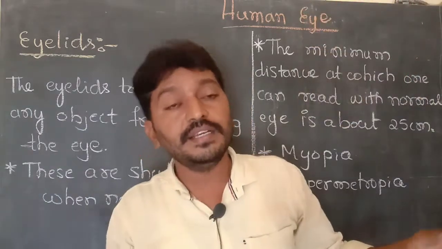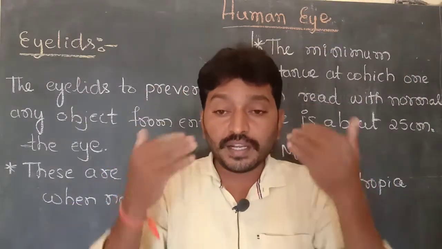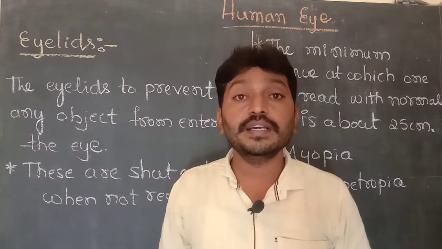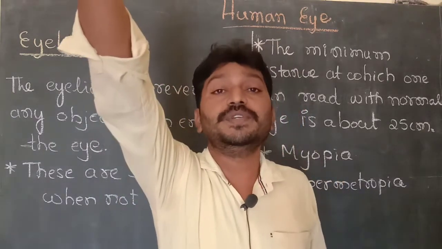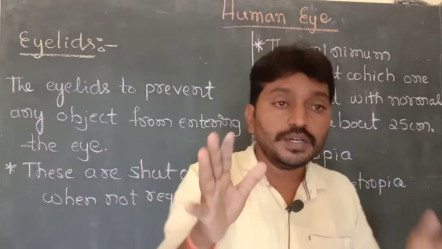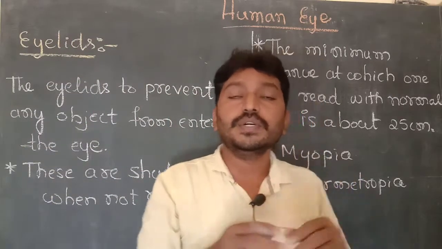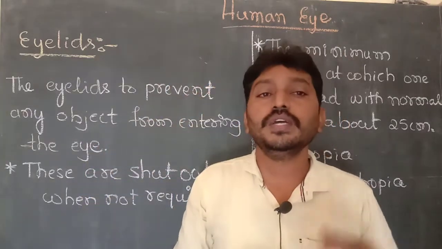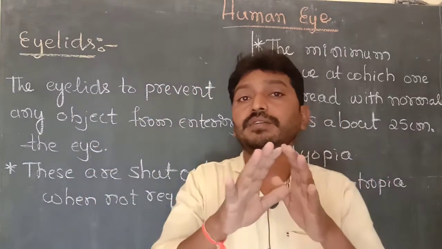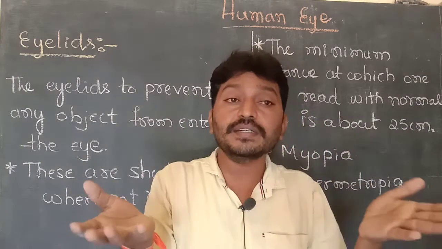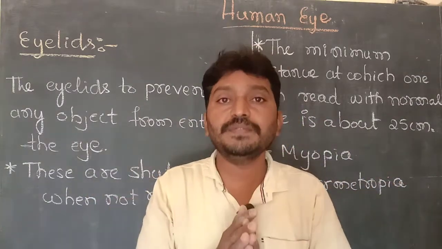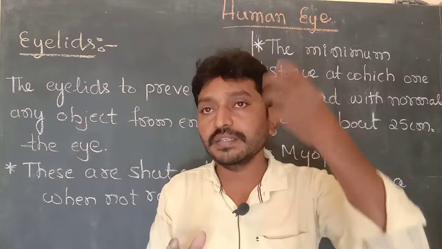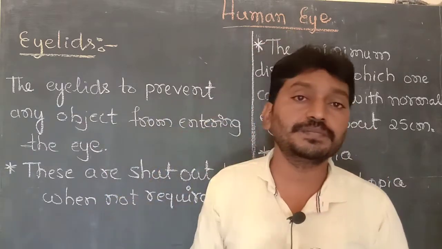On the other hand, some persons cannot see nearby objects clearly but they are able to see far objects clearly. So why does it happen? It mainly affects the lens, and it varies according to age. If the person becomes old, then he suffers some problems of the eye.